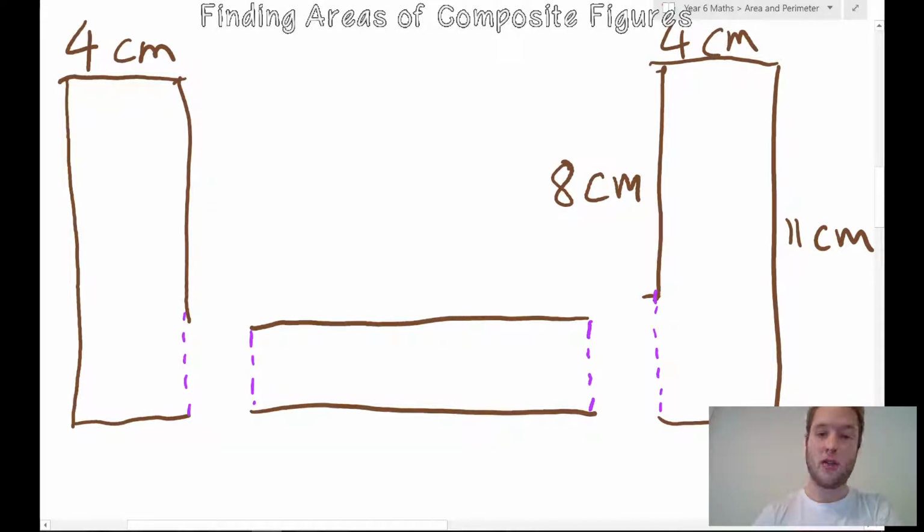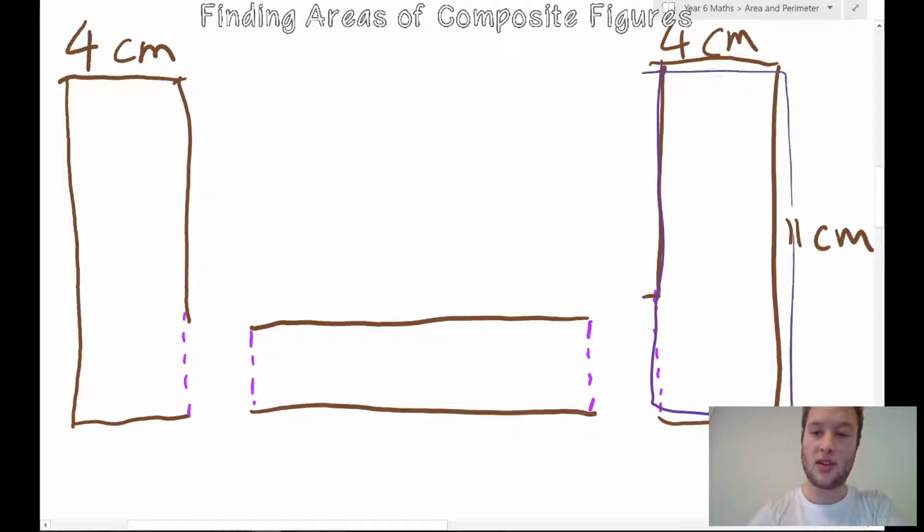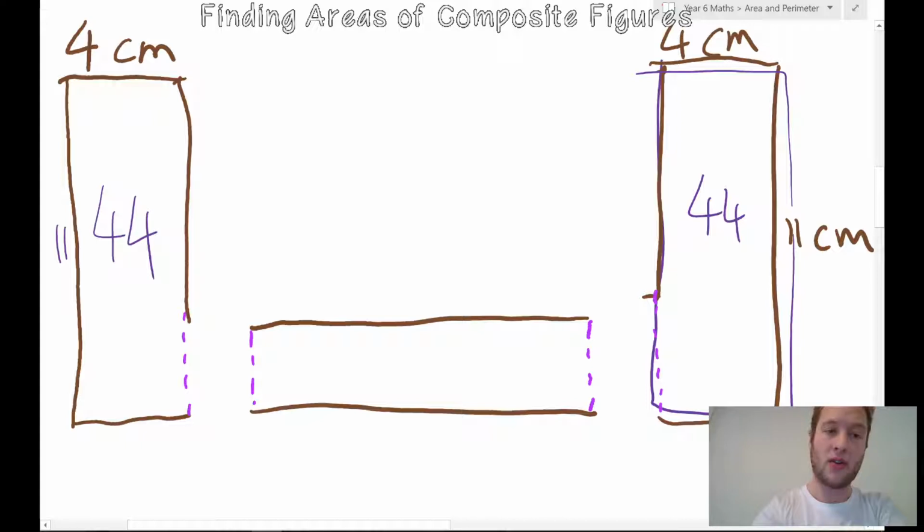For now, I can even remove this 8 because it's not actually important. All I want to know is that this rectangle here is 4 times 11, which is 44, which means that this one's also 11, which means this is also 44, the area. I can fit 44 little squares inside it.